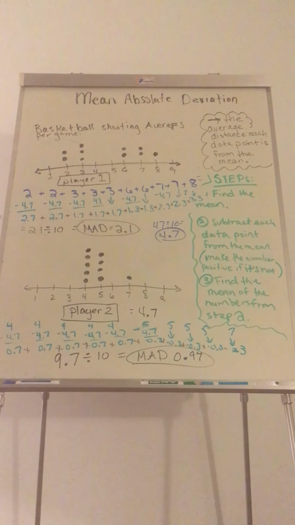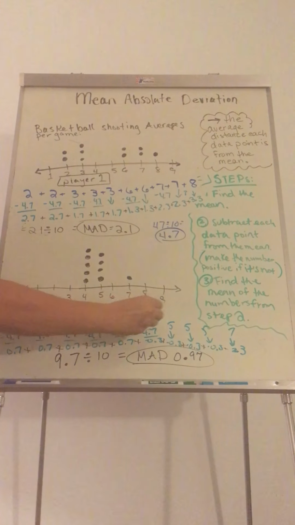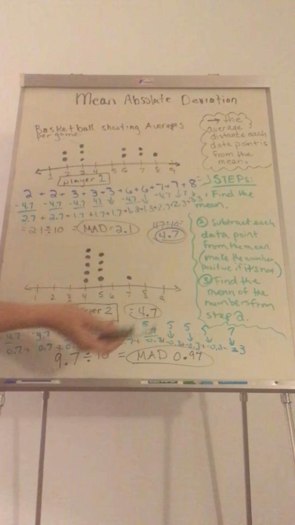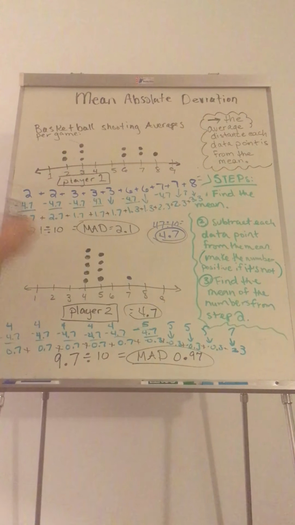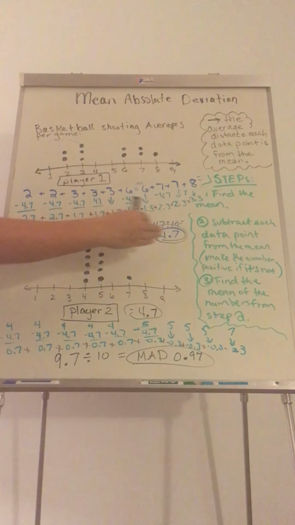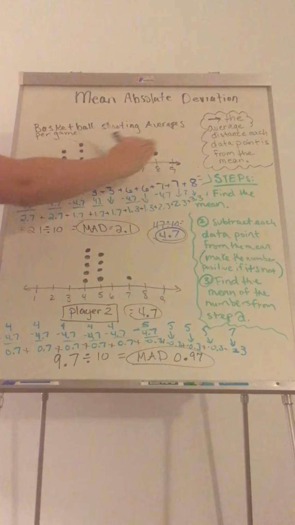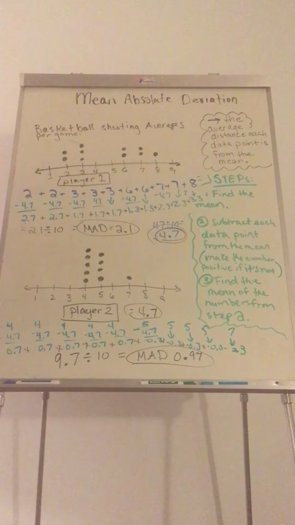So they have the same mean, which is 4.7, okay? But their spread is much different. That's what spread means, how the data points are spread out. Much narrower spread here, and this spread's much wider. So you have mainly 4 baskets and 5 baskets, and then one 7.